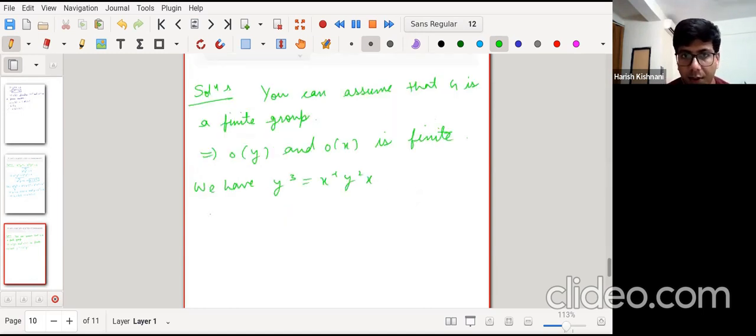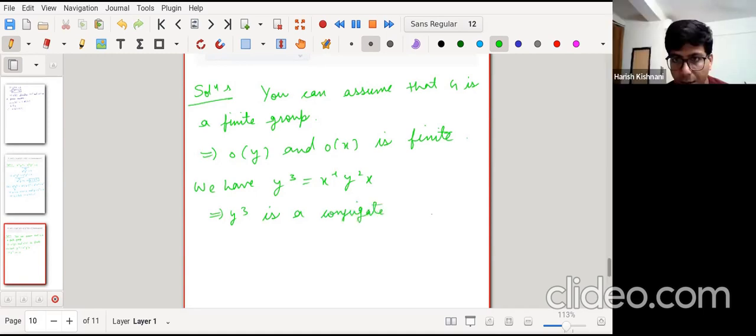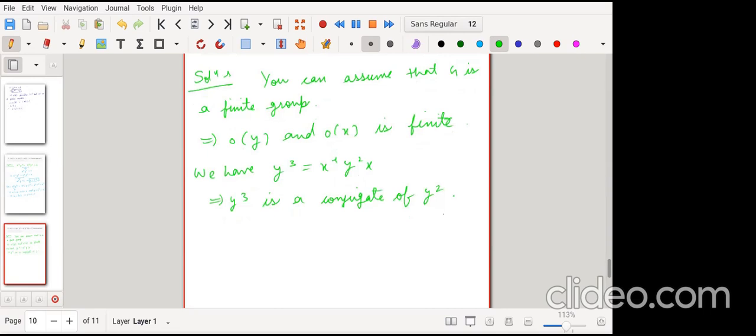This means y cube is a conjugate of y square, and when two elements are conjugate, then their orders are equal.